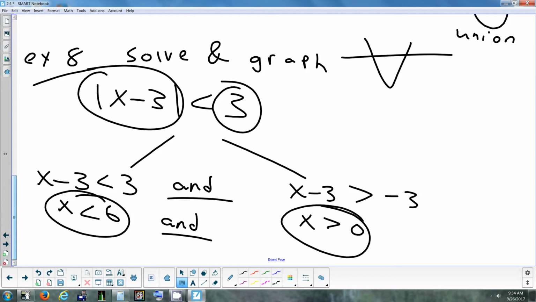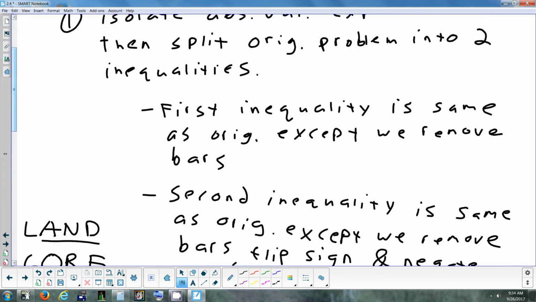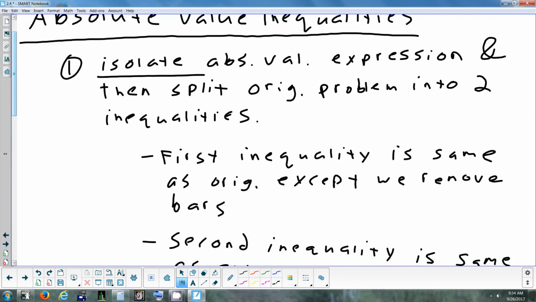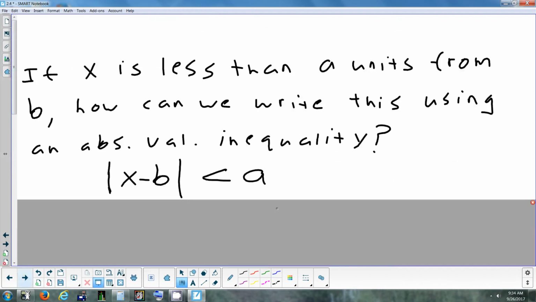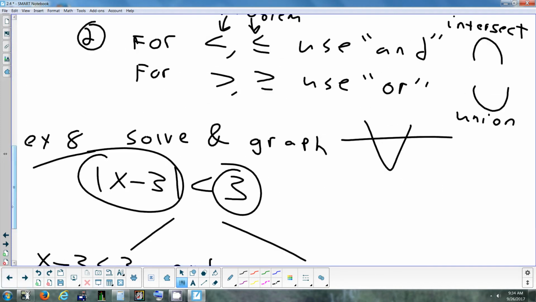So the key is to always make sure, I think I wrote it yesterday and put it up here, you have to make sure the absolute value expression is by itself first. If you had something like a 3 in front, what would be your first step here?